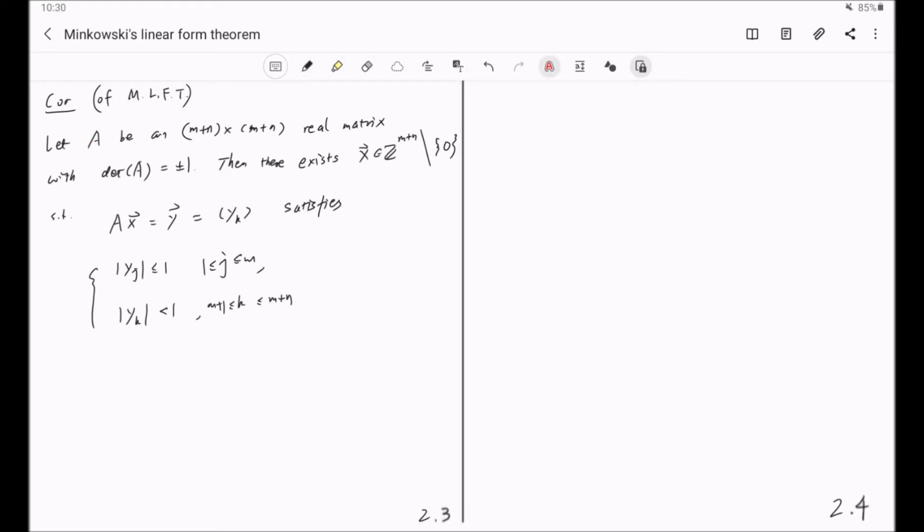you still have a matrix A, m plus n by m plus n with determinant plus minus 1. Then there exists a non-zero integer vector x such that A of this vector is equal to y, where y satisfies those inequalities.